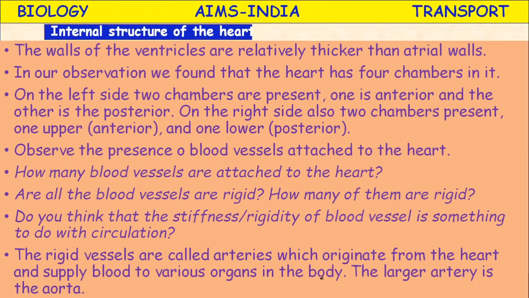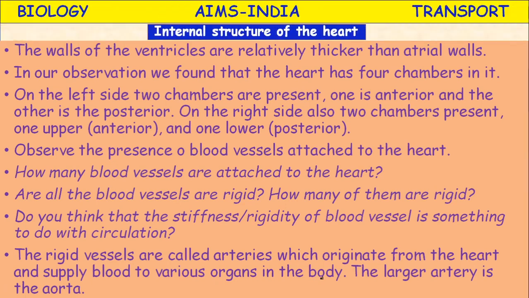Next, if you compare the walls of the ventricles, they are not the same on all sides, they are different. In some places it is very thick, as I said already. The left ventricle walls are very thick because it is pumping blood to parts far away from the heart.